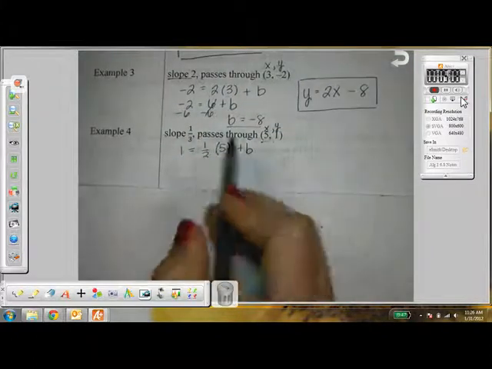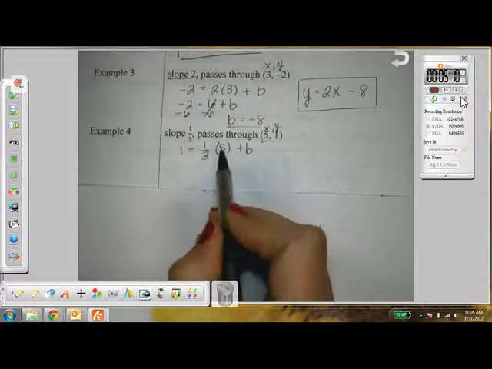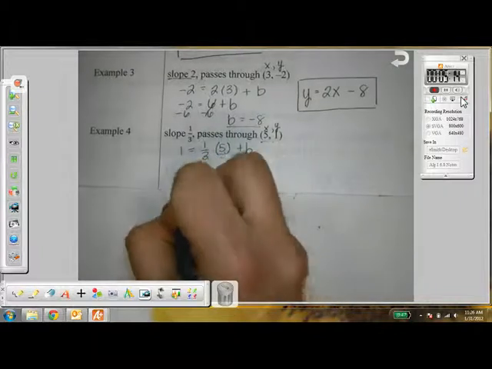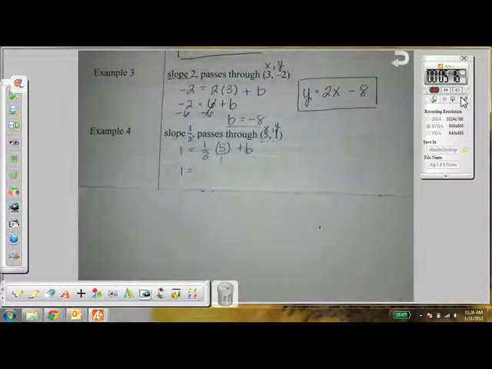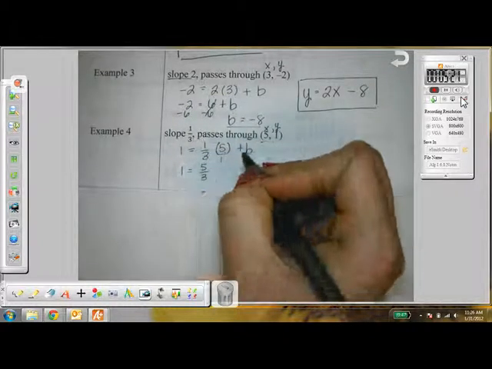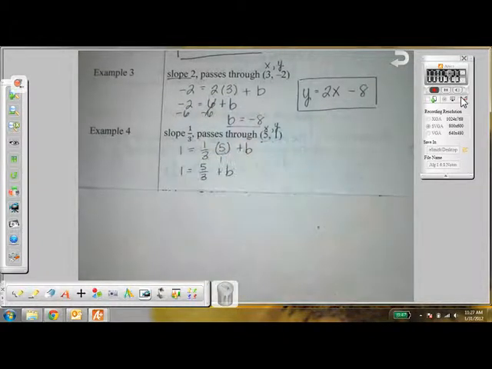Okay, can I do 1/3 times 5? This is the same as 5 over 1, so what does that give me? 1 equals, not 3 over 5, 5 over 3. Oh, so I did it wrong. You just multiply straight across. Plus b.